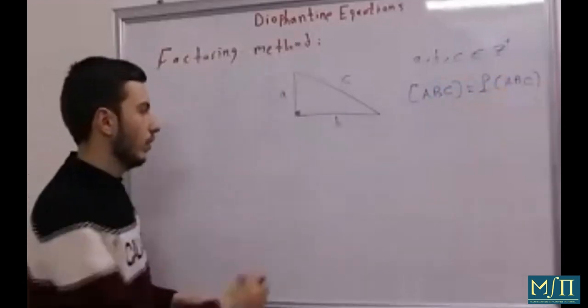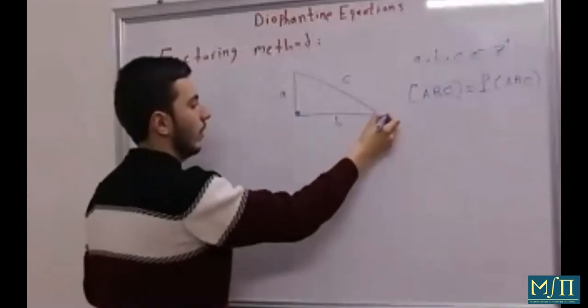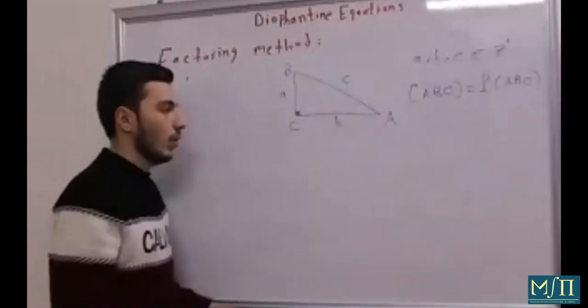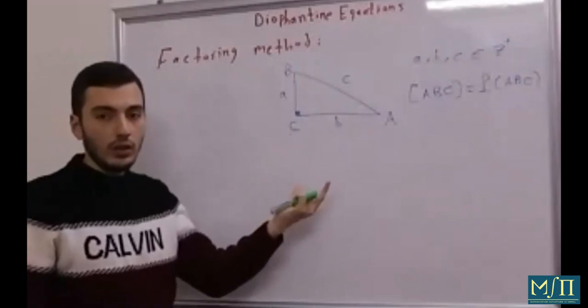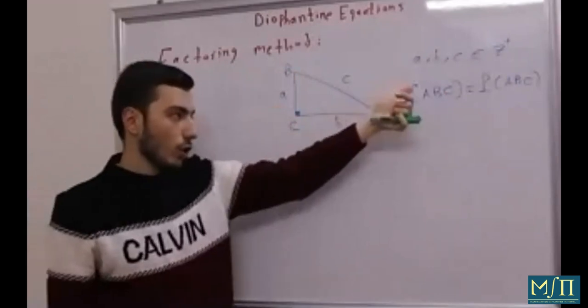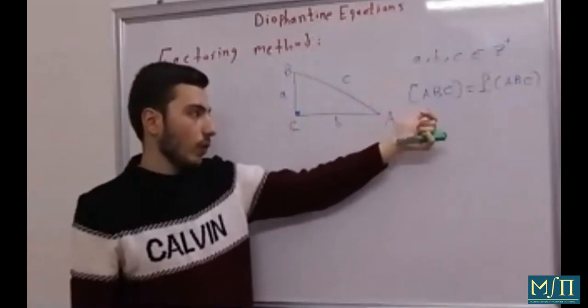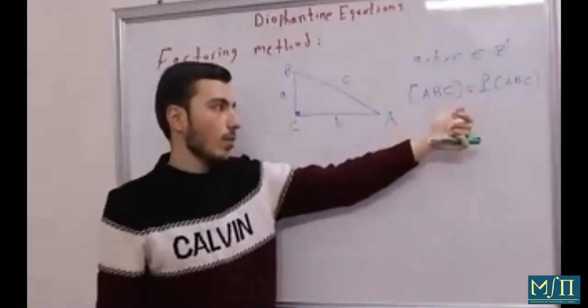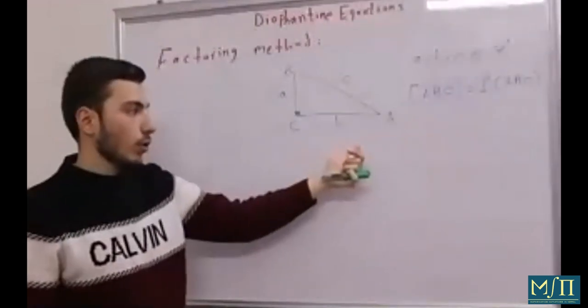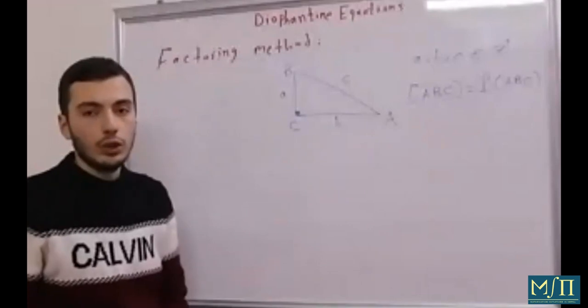So find all right triangles where the lengths of the sides are integers, and the area of the triangle is the same as the perimeter of the triangle. So I'll give you 2 minutes, try to solve this problem, and then we'll discuss the solution.